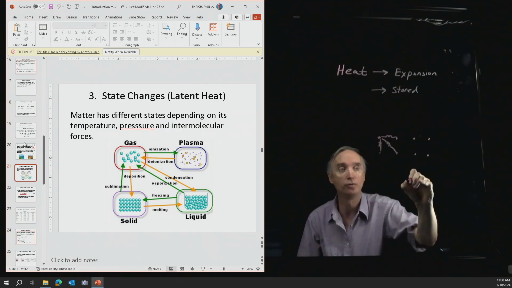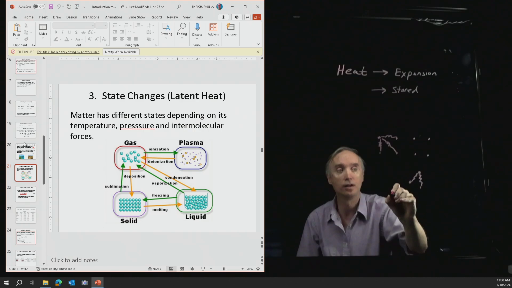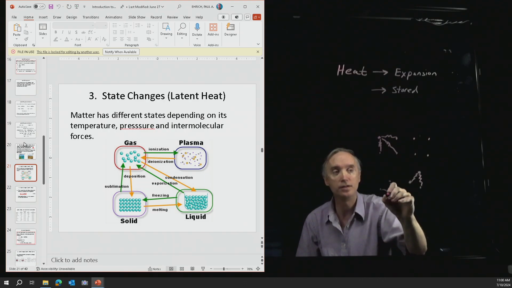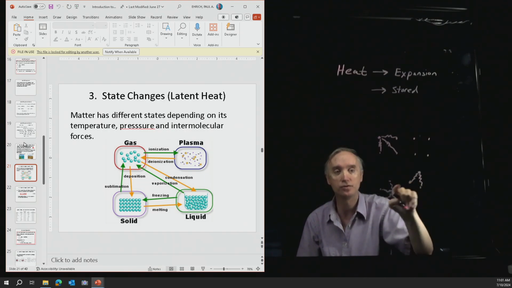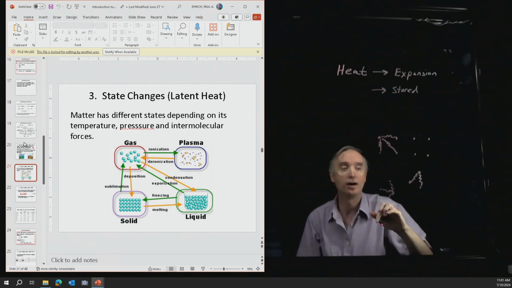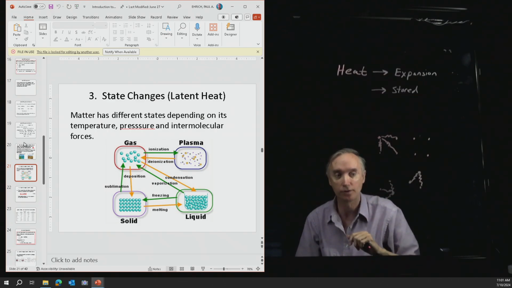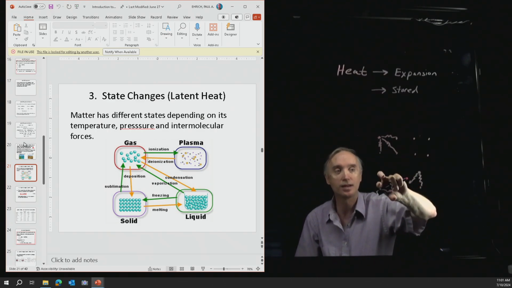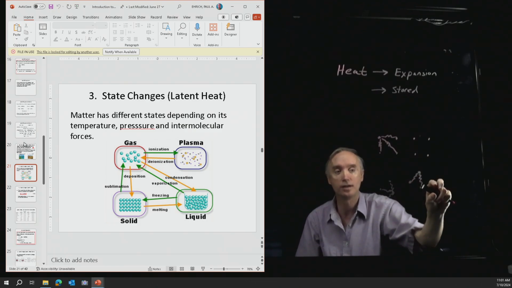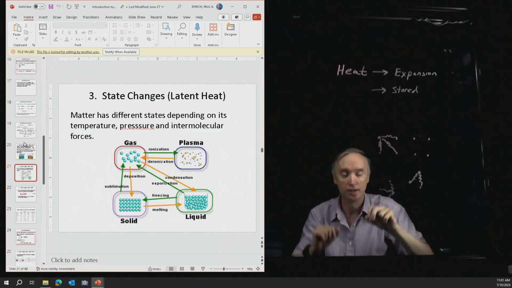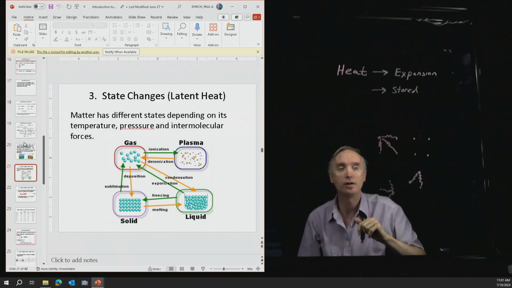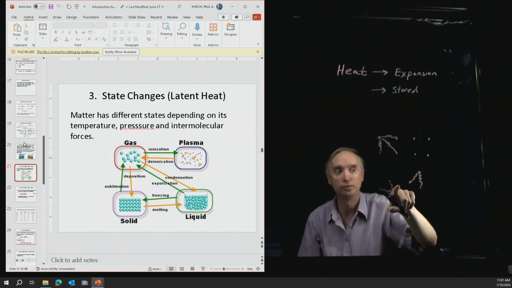So maybe you've got a clump over here that are still being held together by their springs, and then you've got another clump over here that is also being held together by their springs, and then holding these two things together are going to be what's referred to as intermolecular forces, which are going to be weaker than the forces that are actually holding those atoms together. So this means that this thing can slide over the top of this one, and so these clumps can move around. And so now what we've done is we've gone from a solid to a liquid.